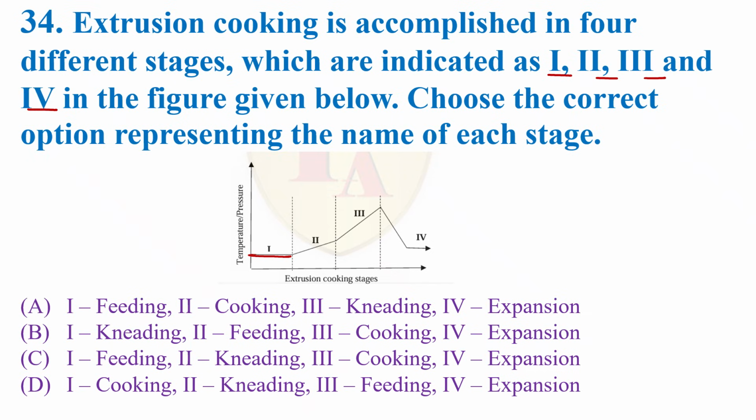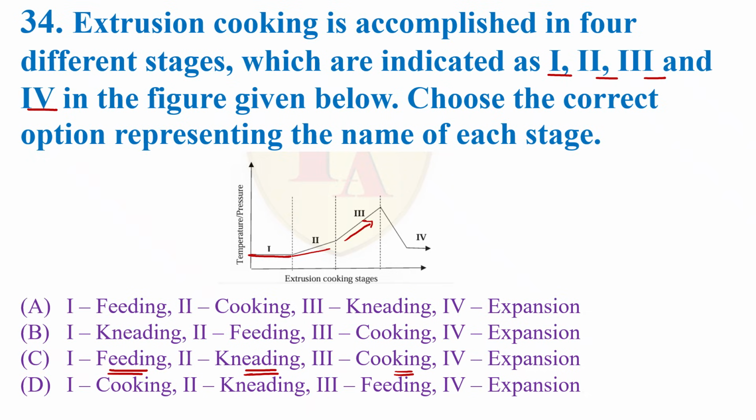Beginning means it is the feeding section or feeding zone. Next in stage 2, there's a certain increase in the temperature as well as the pressure. That means kneading or mixing has started. In stage 3, there's a drastic increase, so the highest temperature has been reached and the pressure is also highest over here. That means cooking is being done over here.